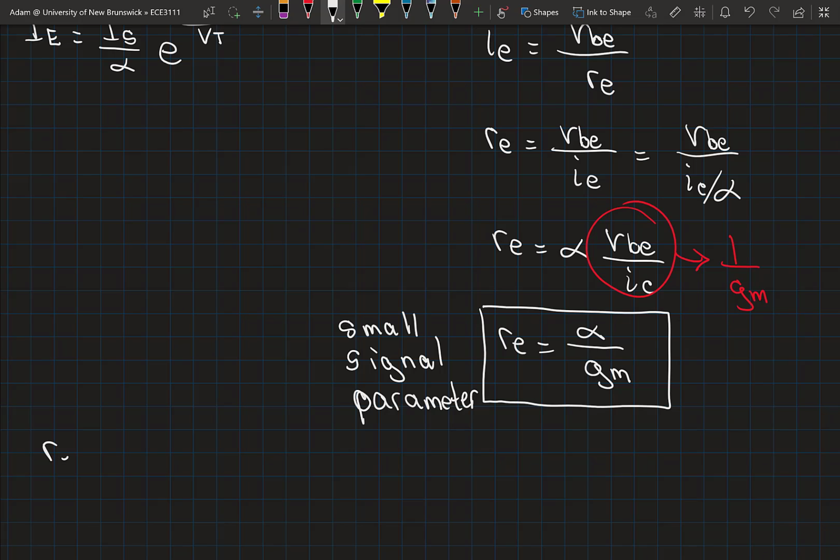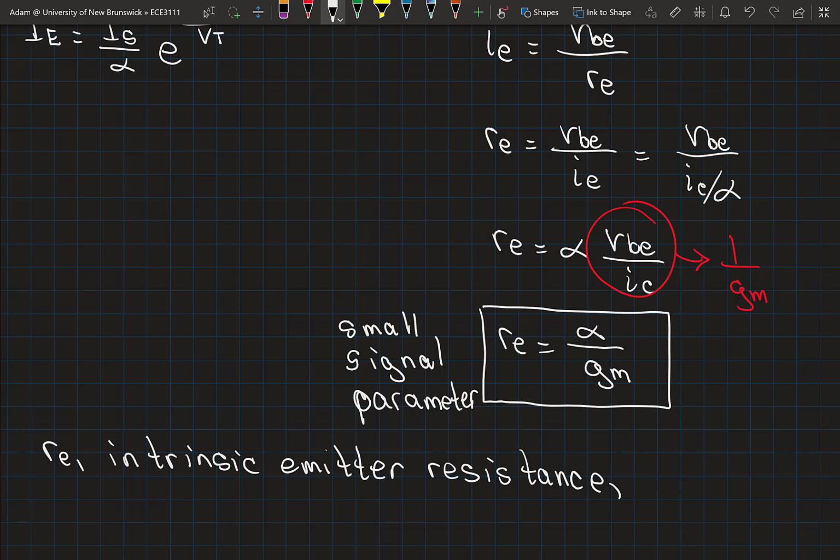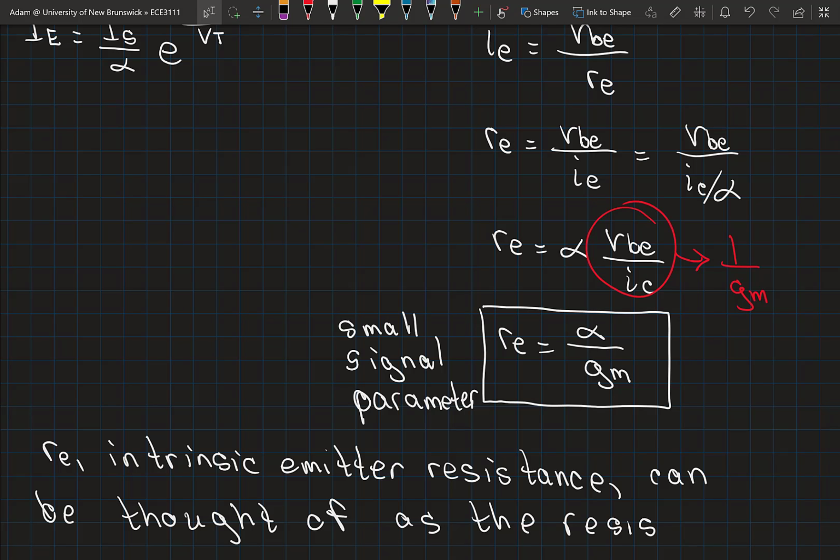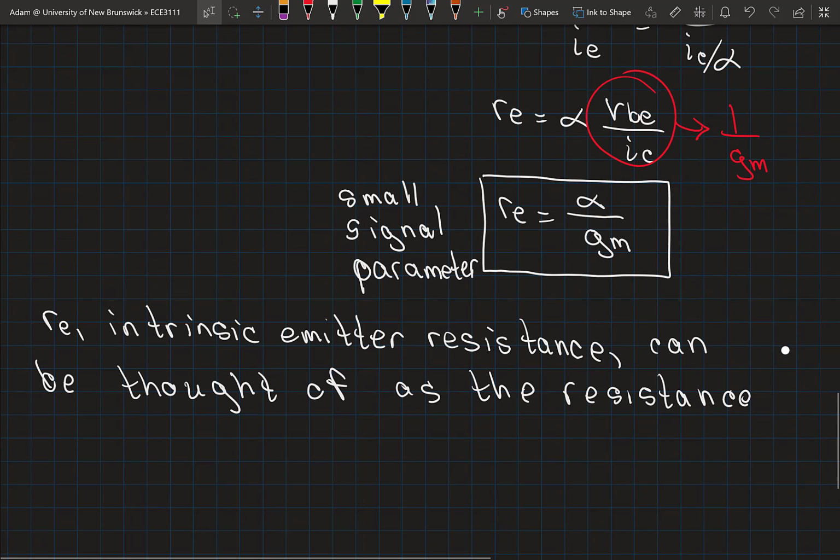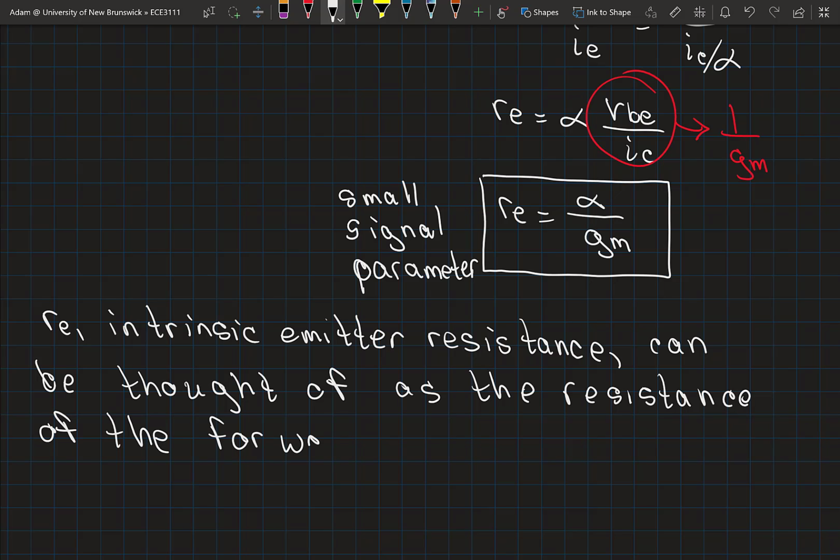Okay, so RE, which is often referred to as intrinsic emitter resistance, can be thought of as the resistance of the forward biased base to emitter diode.